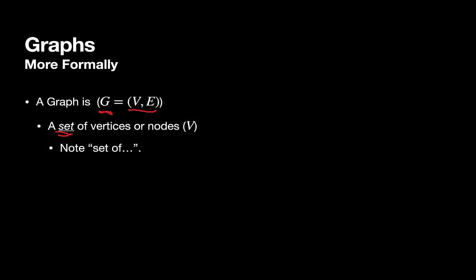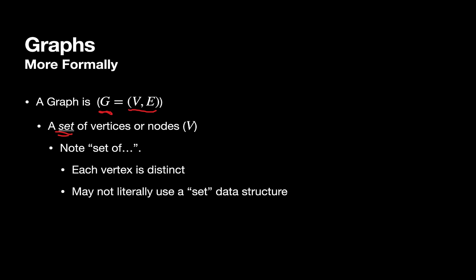Okay, so when I said set of, really what I'm talking about is that each vertex is distinct. What I don't mean is that we're specifically using a data structure called a set to represent these. We might, but we don't have to. In fact, oftentimes these are represented with some sort of a list data structure. So, again, set of vertices means distinct. It doesn't necessarily truly mean a set data structure.